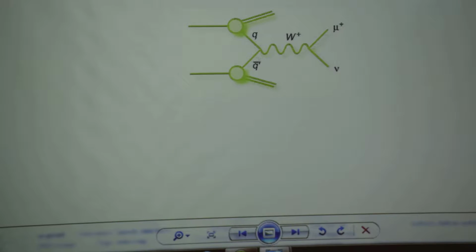What happens if I consider not a single particle production but a pair production of, let us say, two top quarks, m top and m top? What happens then?